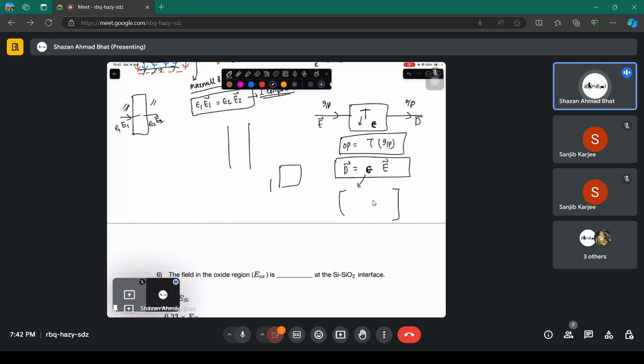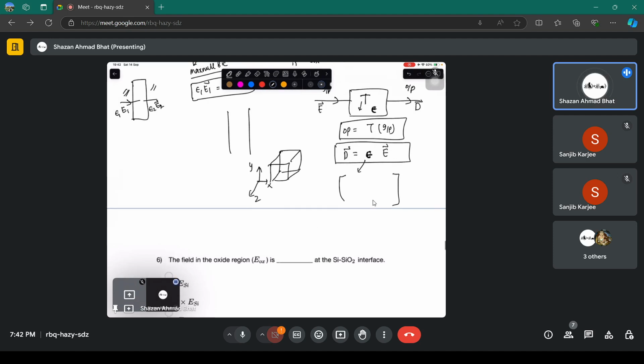If you have a three-dimensional medium with, let's say, x, y, and z, then epsilon is actually something called a tensor. Let's not go into that detail, but it's represented as epsilon xx, epsilon yy, epsilon zz, epsilon xy, epsilon xz, and so on. You can fill in the gaps: epsilon yx, epsilon yz, epsilon zx, epsilon zy.